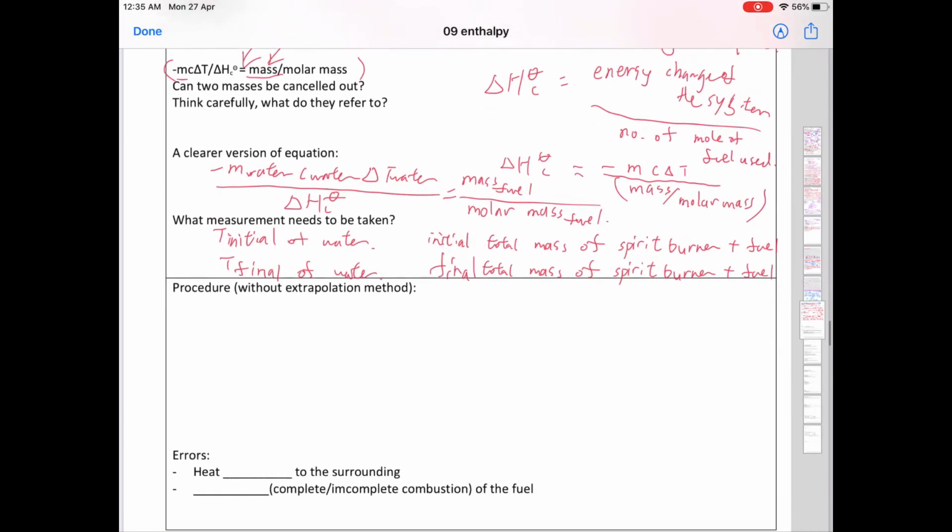And for the procedure part, I think you can handle it yourself.